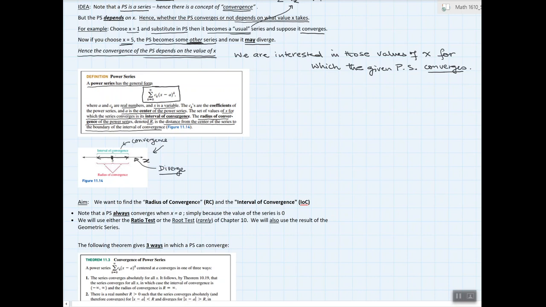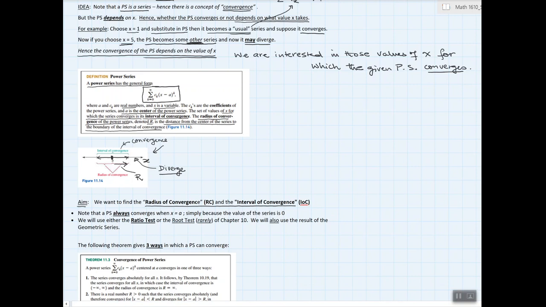This is called the interval of convergence, and the center is always a, and therefore this is the concept of radius. This is the radius r that we are interested in finding. Therefore our aim is to find the radius of convergence and the interval of convergence that goes with it.